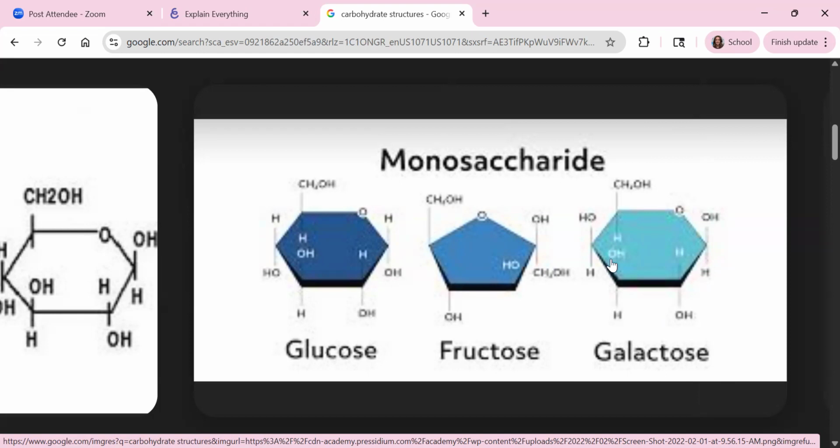The differences between these six atom rings is the conformation, which is what you call it when you have an OH or H and they flip positions. They give us different conformations with different properties, if that makes sense. So how does flipping one thing change it? Why does that happen?